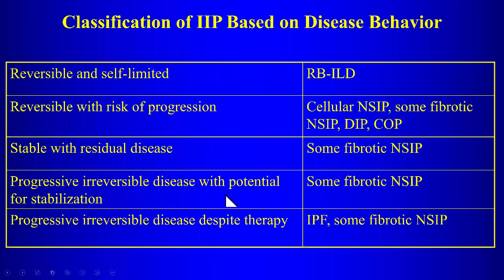Progressive irreversible disease with potential for stabilization, we can see that with some fibrotic forms of NSIP. Progressively irreversible disease despite therapy, so IPF is the worst. That tends to have the worst prognosis because that can progress despite treatment. And then there are the more fibrotic forms of NSIP, also those can progress despite treatment.